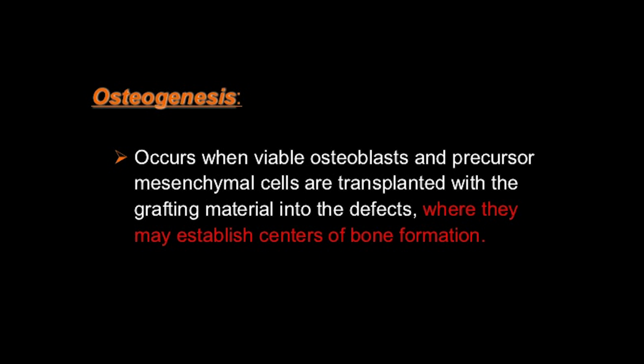The first method, osteogenesis, occurs when viable osteoblasts and precursor mesenchymal cells are transplanted with the grafting material into the defect site, where they may establish centers of bone formation.